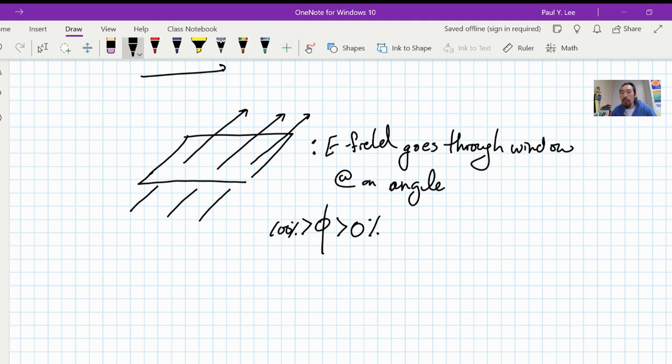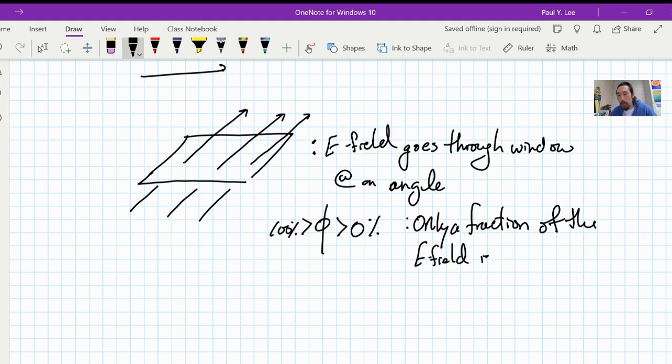So only a fraction of the E field can be considered to be flux. Let's write down: only a fraction of the E field is part of the flux.